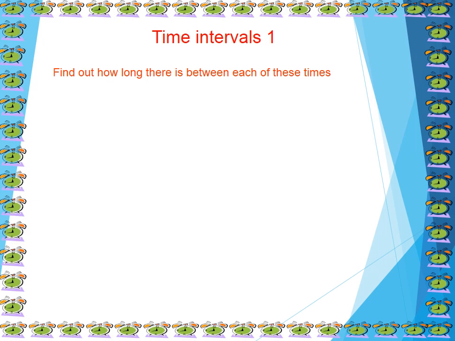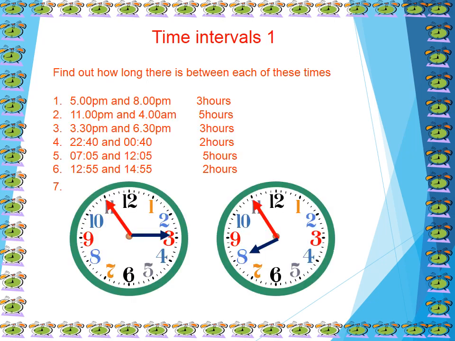Find out how long there is between each of these times. First one, we have 5 p.m. and 8 p.m. Remember, count forward. From 5 to 6 we have 1 hour, 7 2 hours, 8 3 hours. So the time between 5 and 8 is 3 hours.